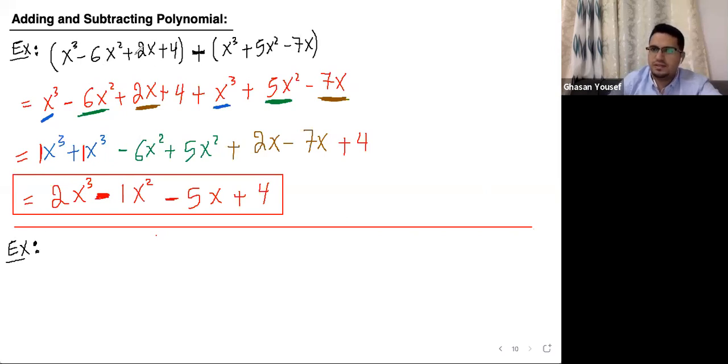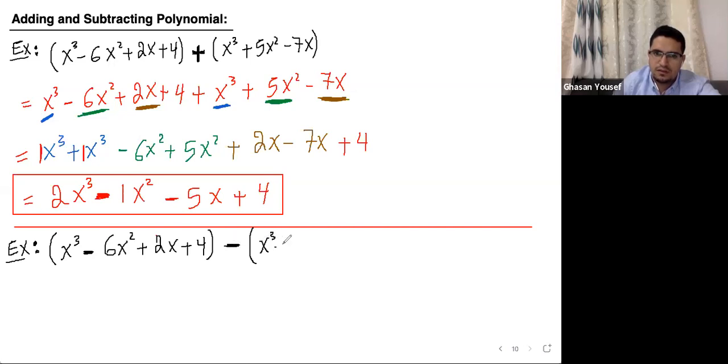I'm going to use the same example, the same polynomials, but instead of plus here, I'm going to use minus. So x to the power 3 minus 6x to the power 2 plus 2x plus 4, minus x to the power 3 plus 5x squared minus 7x. Now, like I said before, we have to remove the parentheses.